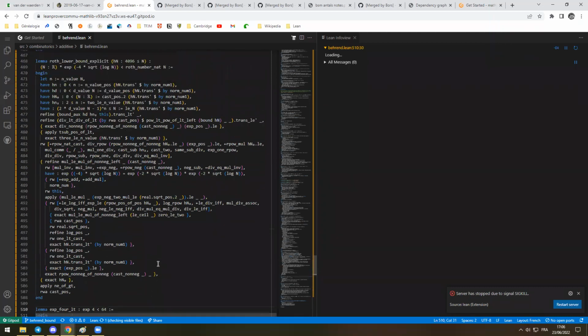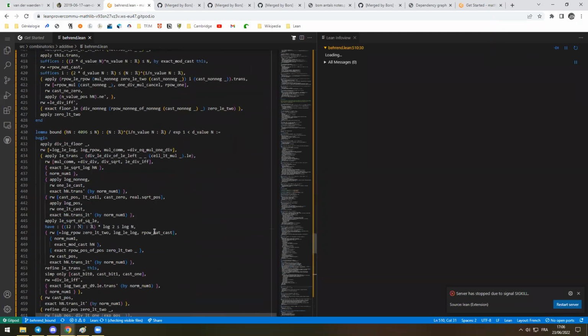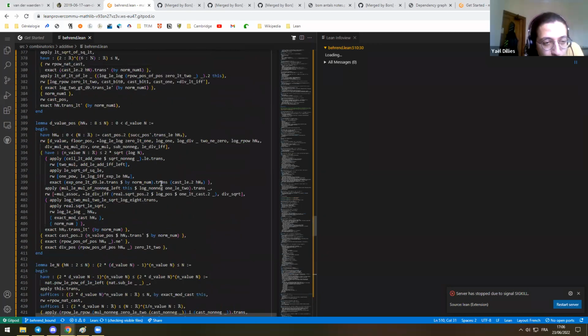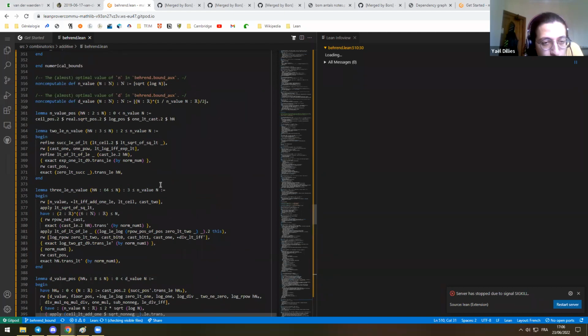But actually, we will need to manipulate stuff like the ceiling of root of log n and the floor of this horrible thing.